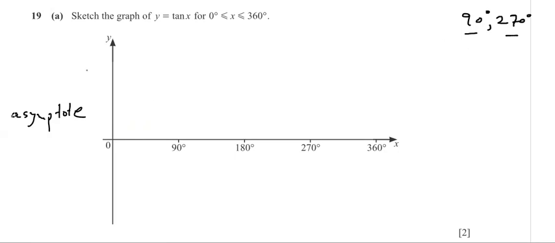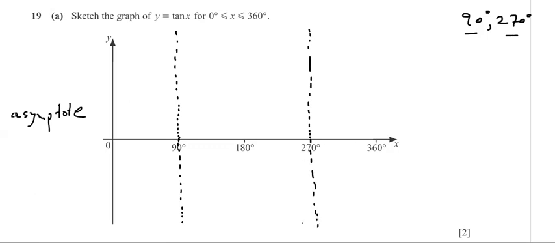So how will we show the asymptote here? The way to show the asymptote is to make dotted lines. For example, make a dotted line through this one. At 270, there is the second asymptote, so make a dotted line like that.